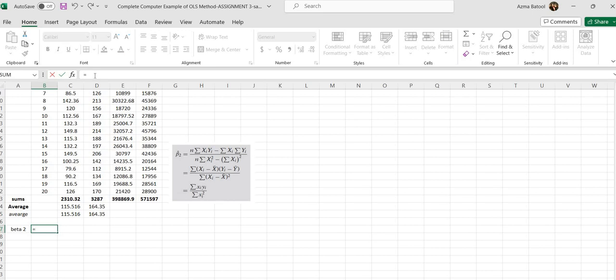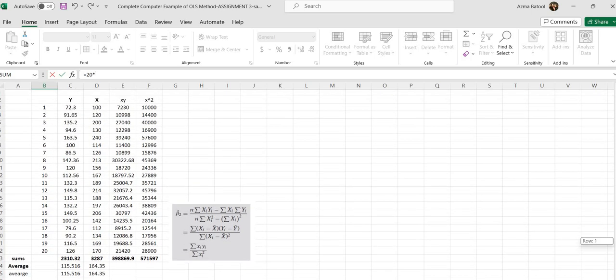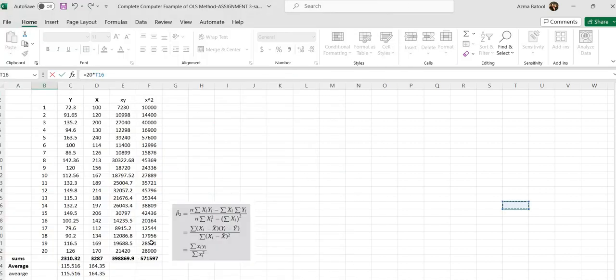So I put an equal sign here. What does it say? n. What is n? It's 20, right? What next is multiplication with summation xy. So I put a star with summation xy. Where do I find summation xy? My summation xy is right here in the E column. Can you see that summation xy?